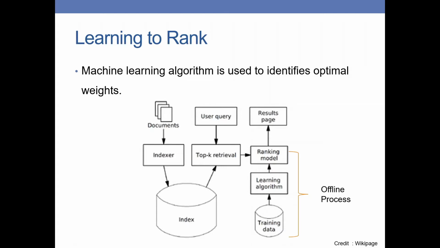Let's say the user query returns n documents, out of which the top k documents are retrieved, and these documents are re-ranked using the LTR model to get the updated score, and the result page would have the updated, re-ranked documents based on the re-rank score.